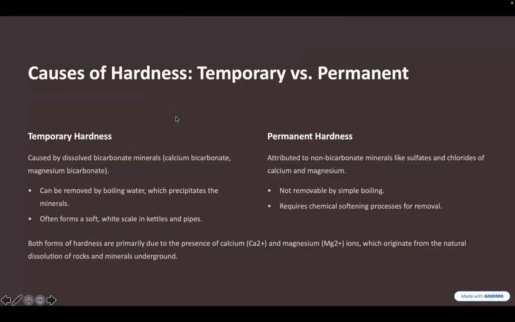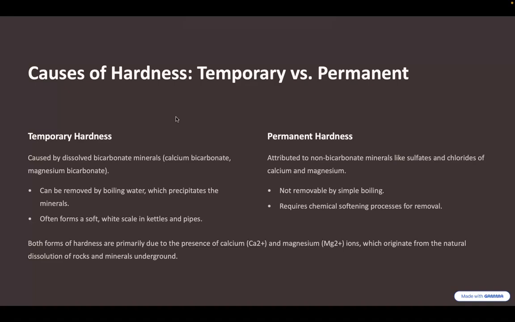So the hardness is divided into two parts. One is temporary hardness, another is permanent hardness. Temporary hardness is called temporary because it can be easily removed. Sometimes this hardness is also called bicarbonate hardness.